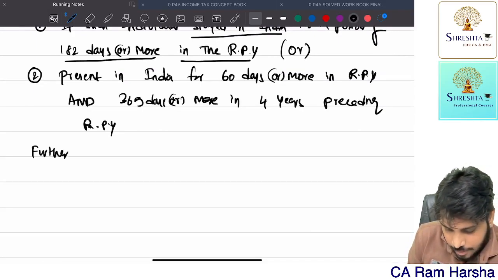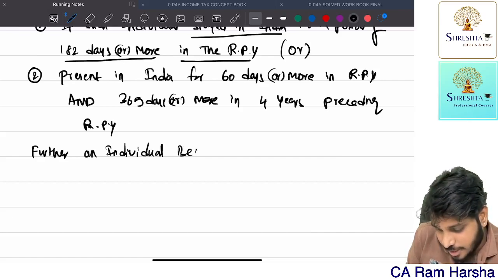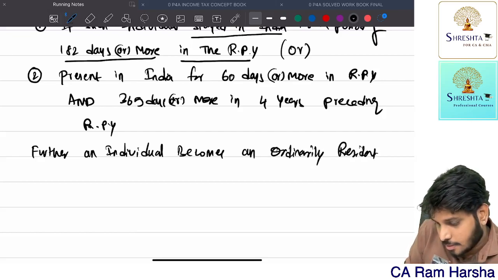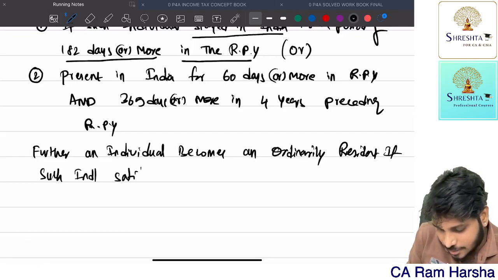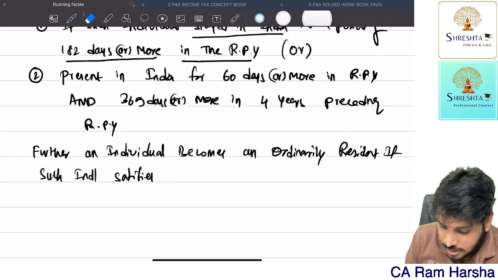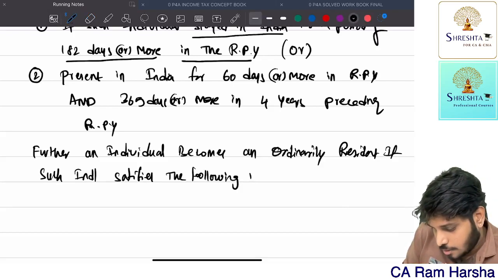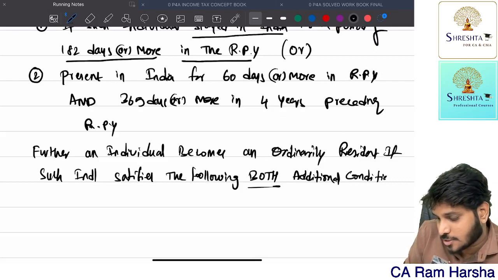Further, an individual becomes an ordinarily resident if such individual satisfies both additional conditions, or you can simply write the following both conditions.